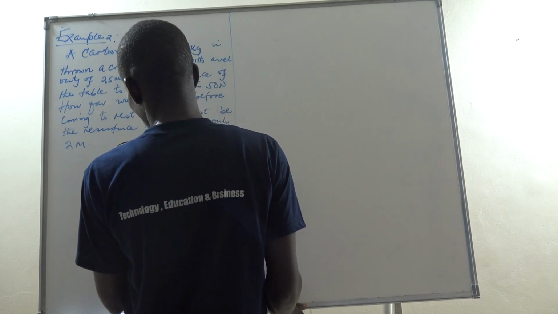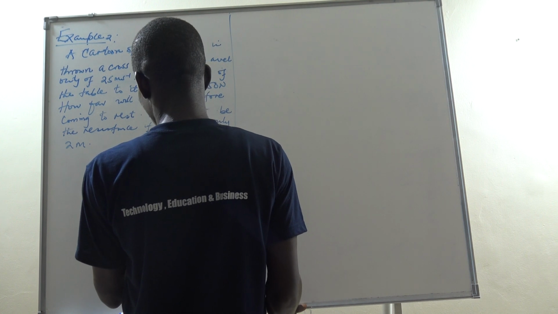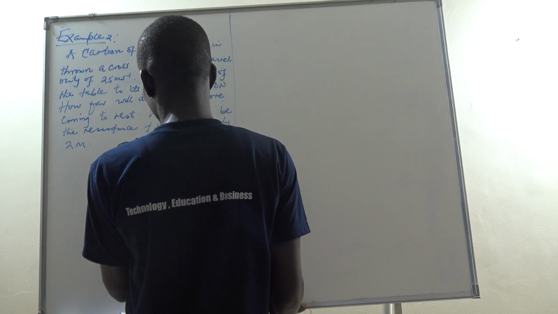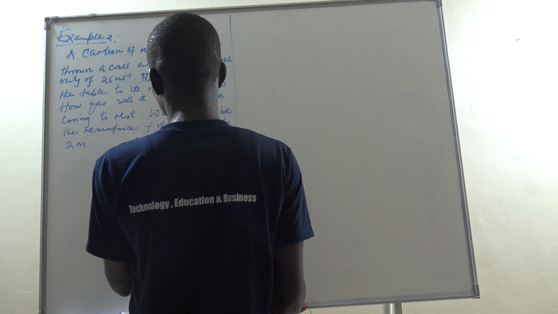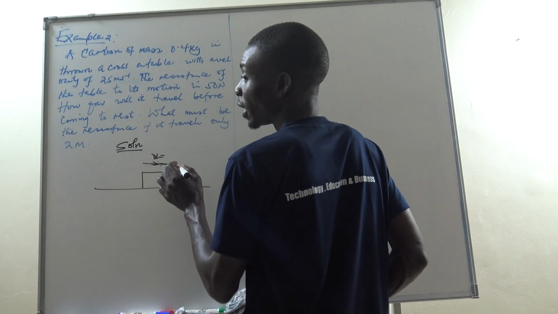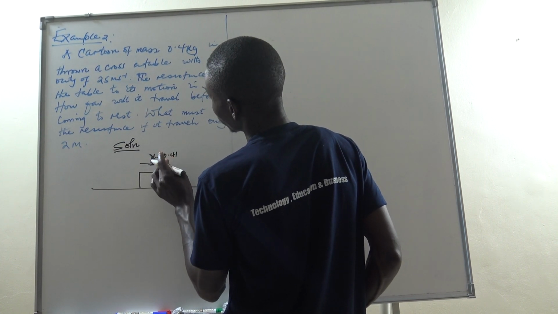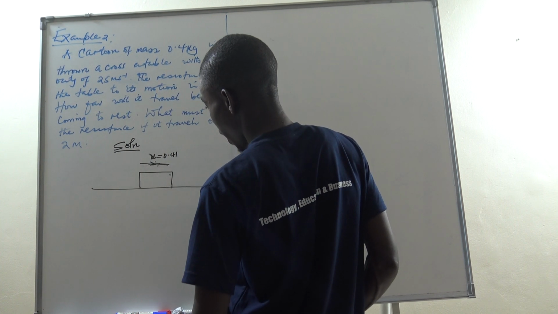So that means that if I have this as my table, I can draw my cartoon moving in this direction with a mass of 0.4 and a velocity of 25.